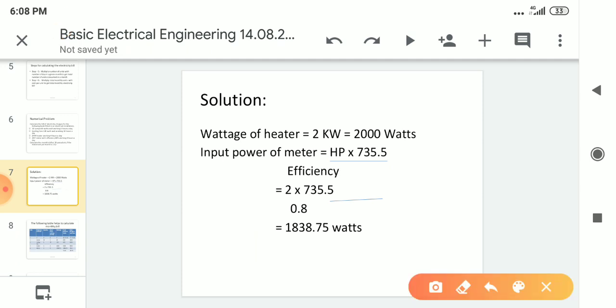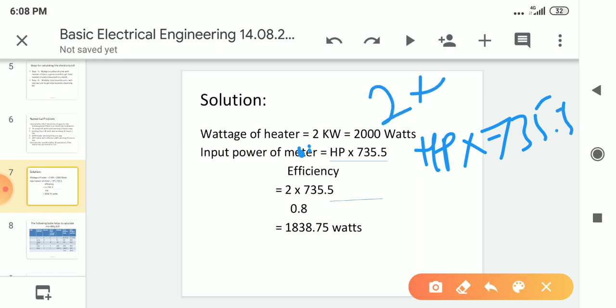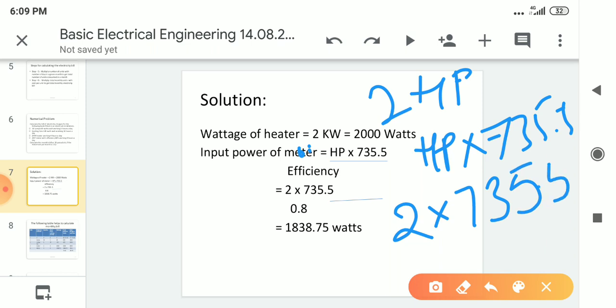Right, here this is the input of motor, HP into 735.5. They have given 2 HP, that's it. We have to convert this HP into watts, that's why this is the formula. 2 HP, to convert that HP into watts we need to multiply with 735.5, then we get the value in watts.